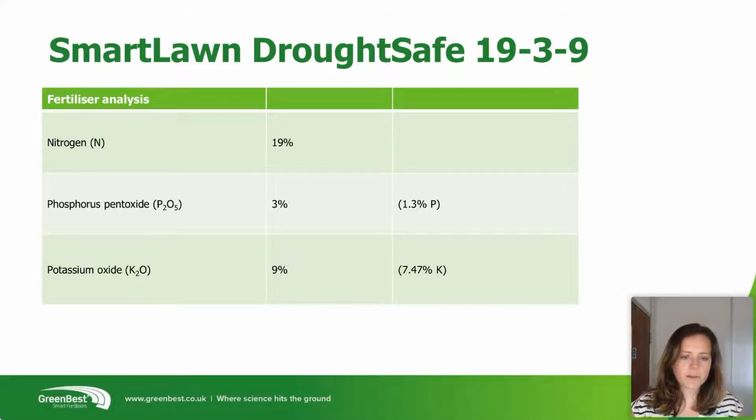And you'll also be wondering about those oxide names. Well, this is just a little quirk of how the fertiliser industry works. We always tend to talk about phosphorus and potassium in their oxide forms, and magnesium and calcium and quite a few others are also referenced in their oxide forms.